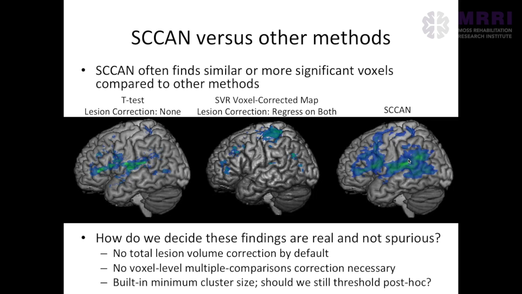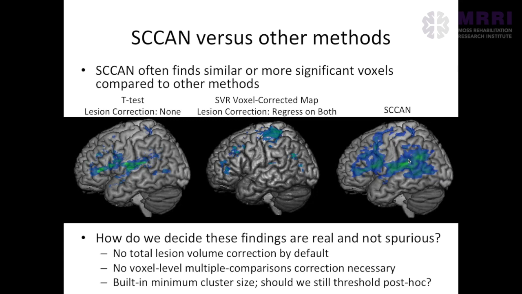SCAN by default has no total lesion volume correction. You can add one in if you want by setting the flags, but it doesn't inherently have one. There's no voxel-level or cluster-level multiple comparisons correction, and you shouldn't need one in this case because it is purely a multivariate method.